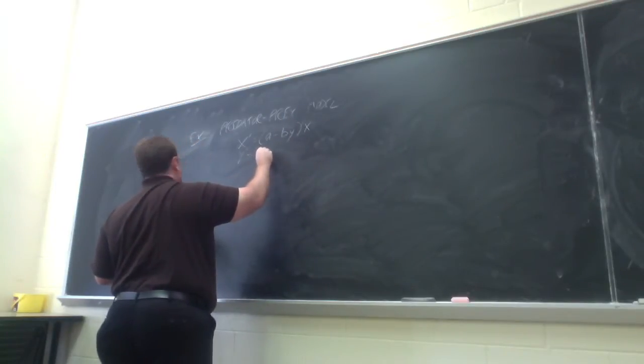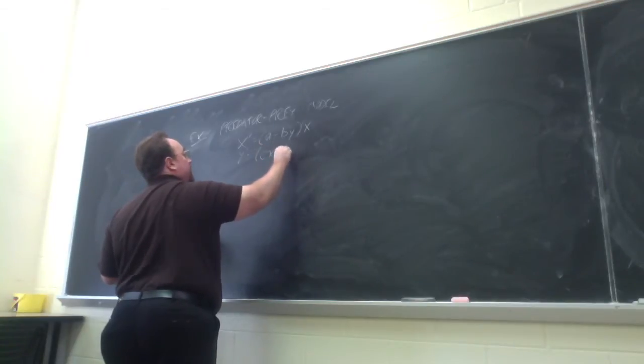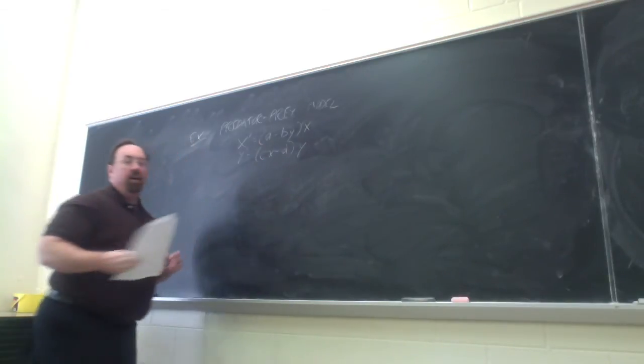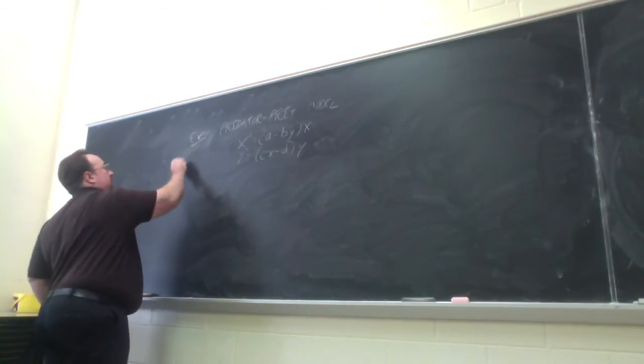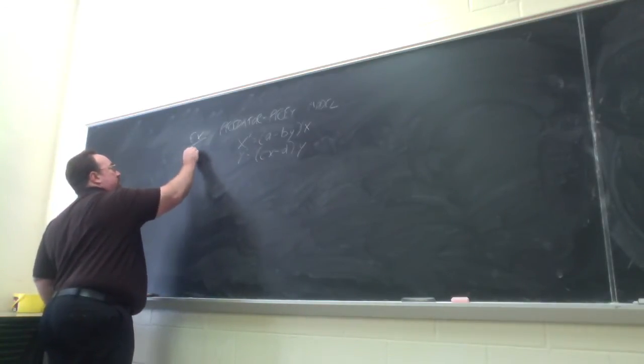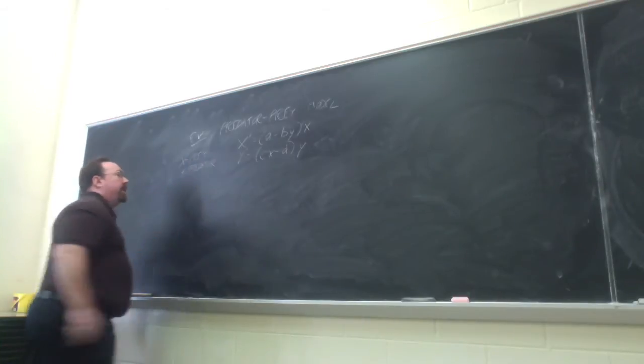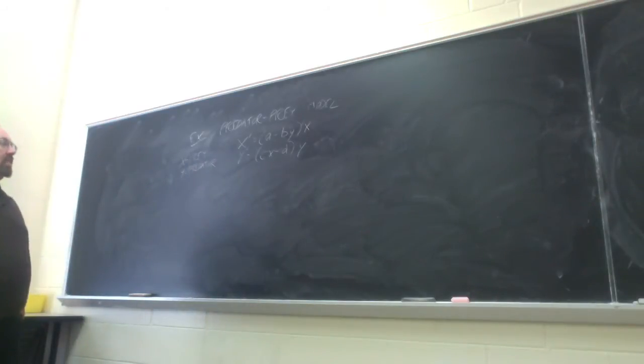We have CX minus Y, where X and Y represent populations. X is the population of the prey, and Y is the population of the predator. All these constants have meaning.